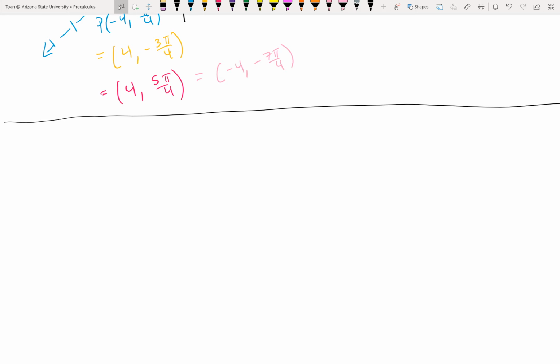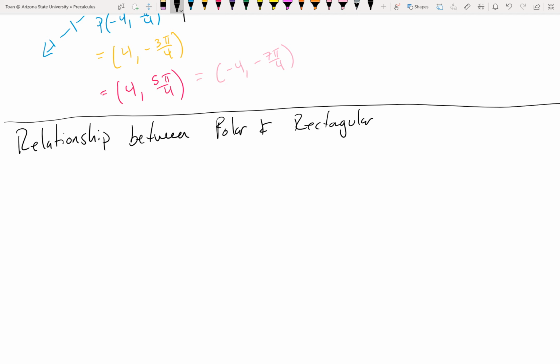But what is pretty important is to understand the relationship between polar and rectangular coordinates. And to understand this relationship is to draw a picture that we have drawn 1,000 times back in Unit 6, Unit 5, and in Unit 7 when we did trigonometry.